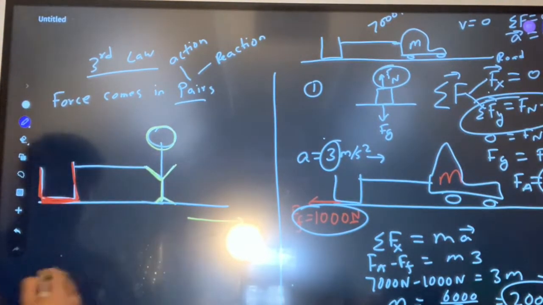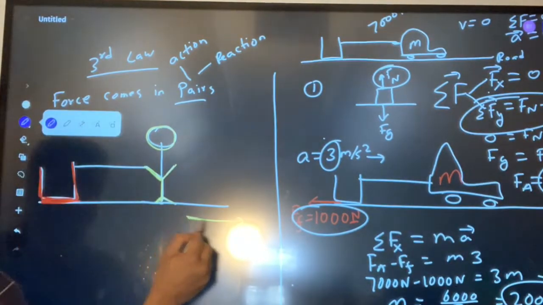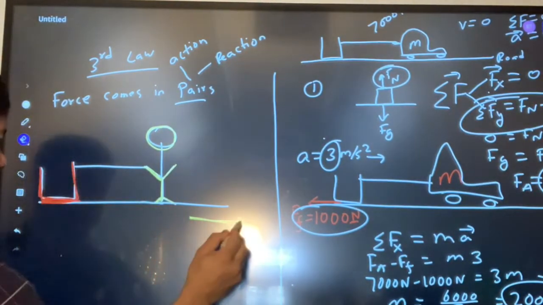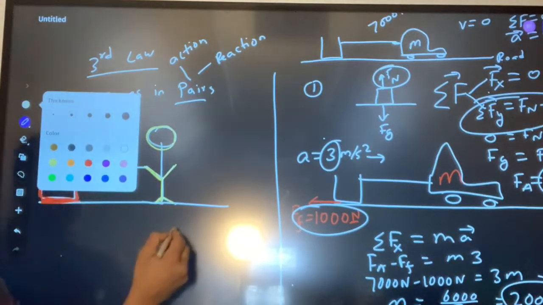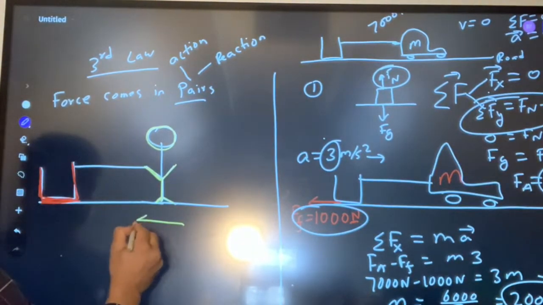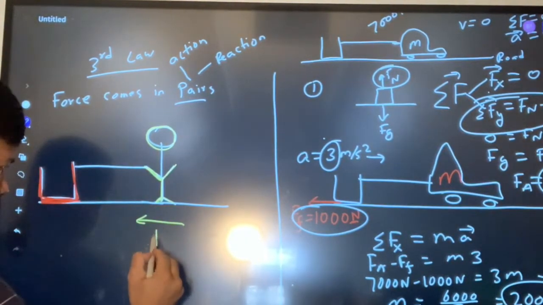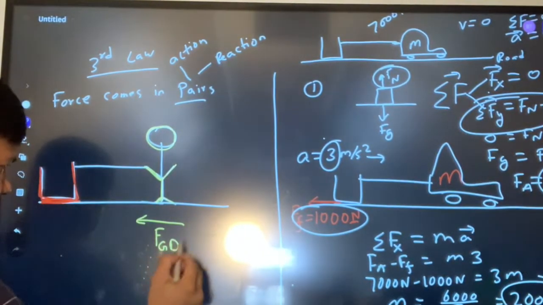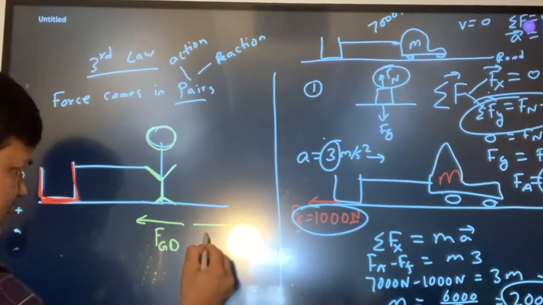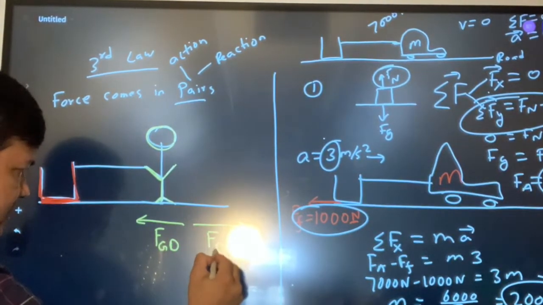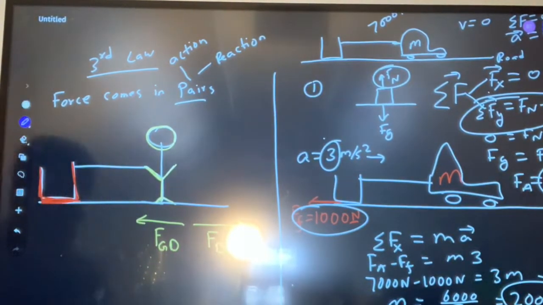So first, draw the action one. This is the action. Force on the ground by the driver is equal in magnitude to force on the driver by the ground but opposite in direction. So action and reaction.